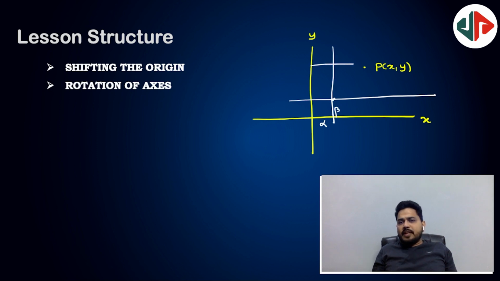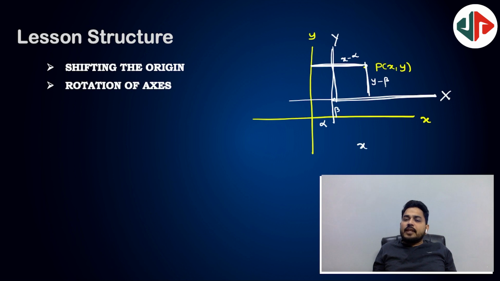So from here to here, this length is x. So this value will be x minus alpha, and this value will be y minus beta. If I assume this is a new coordinate system, the distance from the x-axis is the y-coordinate, and the distance from the y-axis is the x-coordinate.